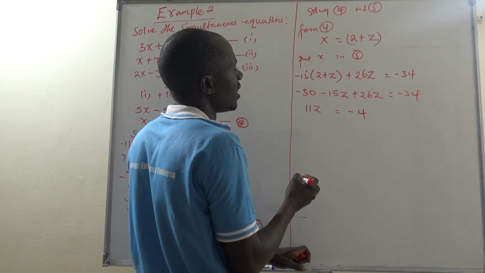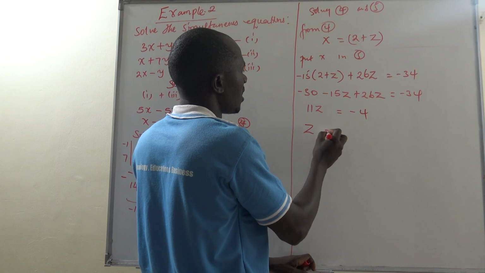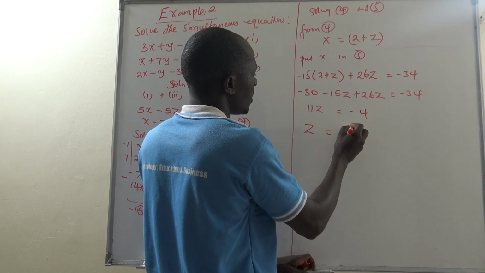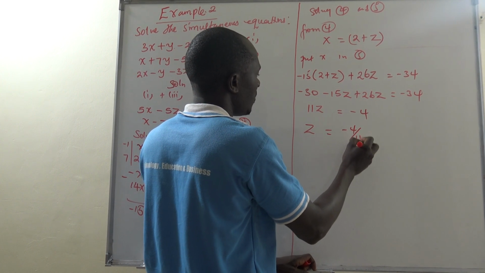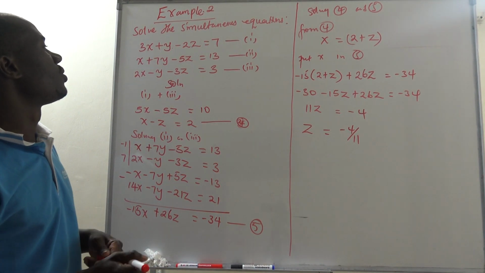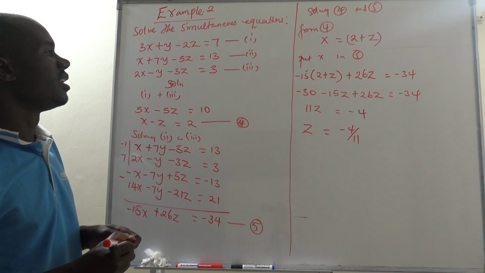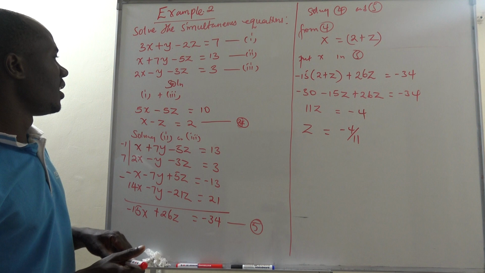So what is z alone? z becomes -4 out of 11. So after getting z alone like that, we are free to substitute in any other equation so that we can obtain the other values.